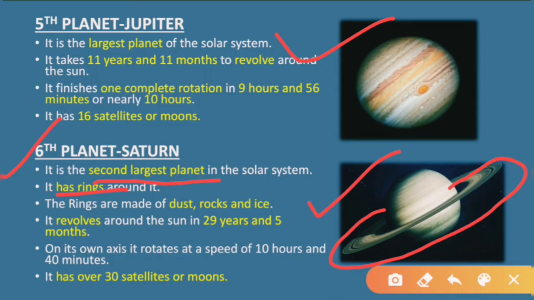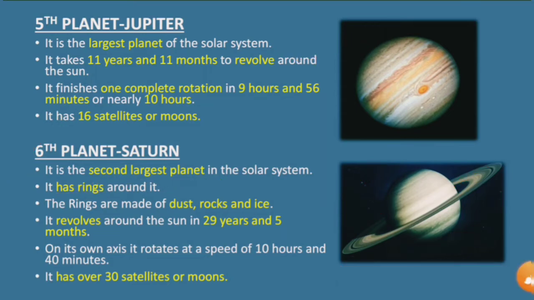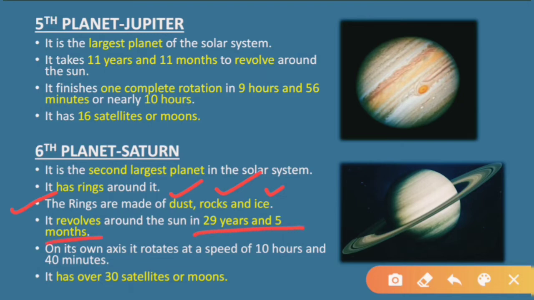Next, the rings are made up of dust, rocks, and ice. As you can see, these rings are a mixture of dust, rocks, and ice. Next, it revolves around the sun in 29 years and 5 months. How much time does it take to complete one circle around the sun?